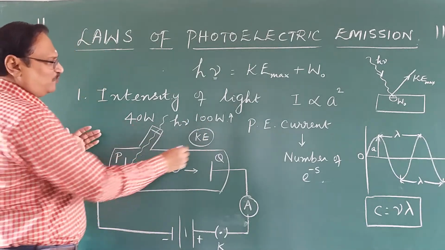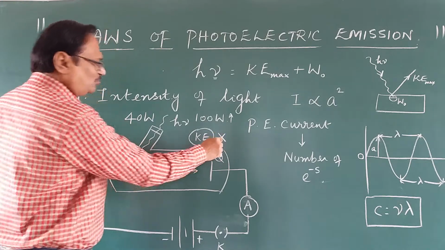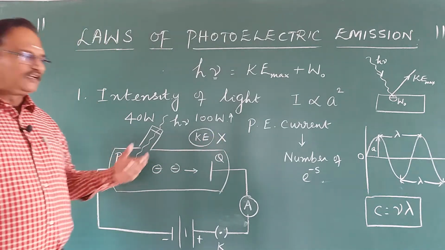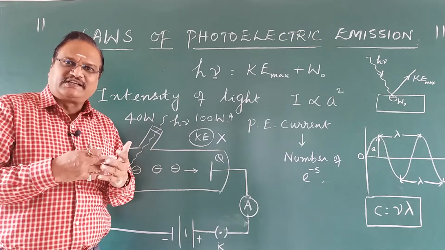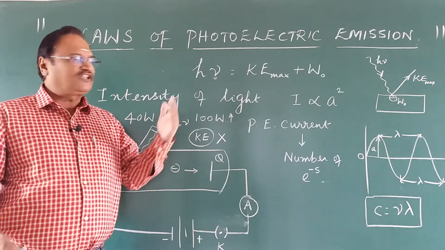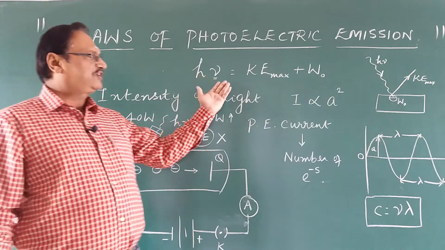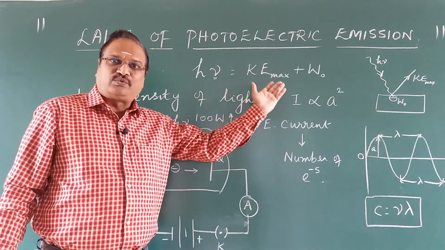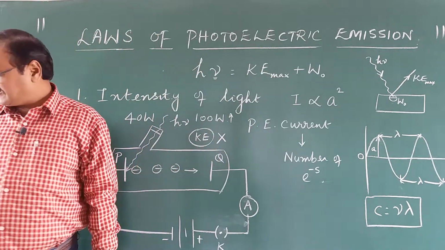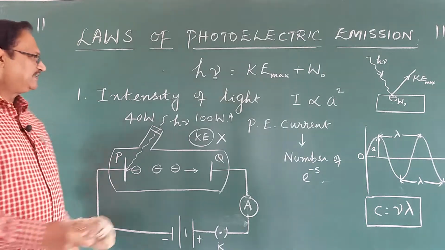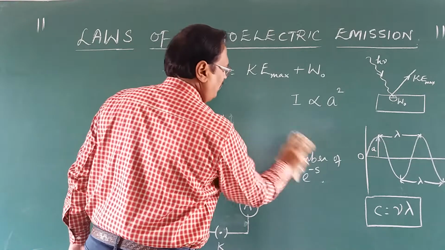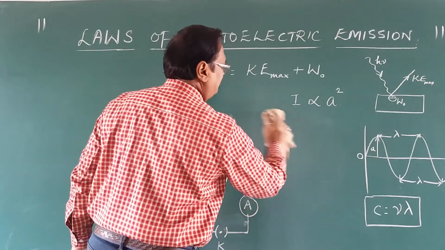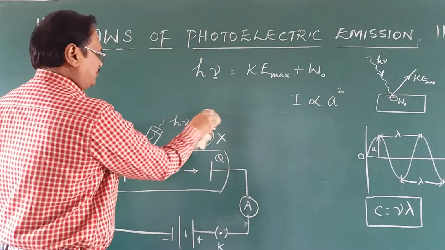But we are going to prove that it is not true. The wave picture which says that intensity and kinetic energy are related is not true, and that is decided by Einstein's photoelectric equation. I hope you understand the first part of it, that the electric current is dependent on the intensity.